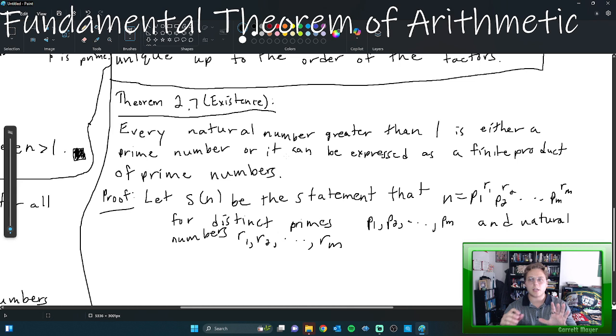So basically all it's saying is we have this factorization of prime numbers.